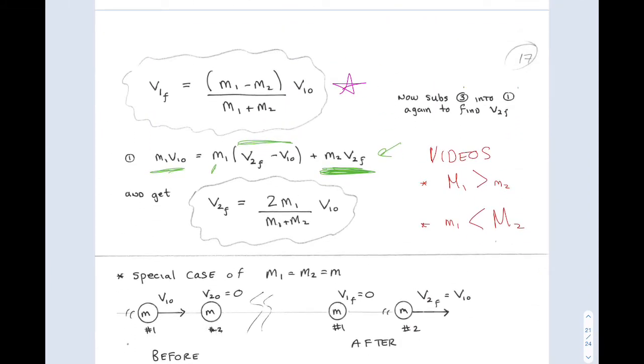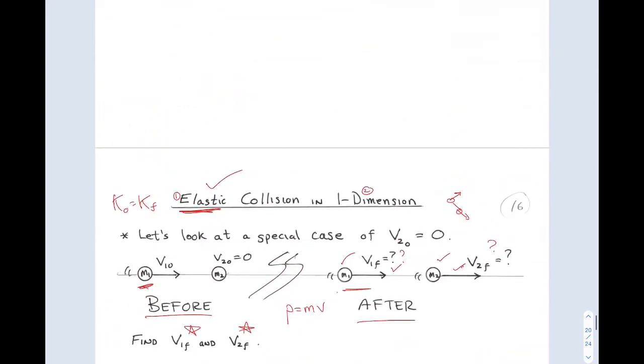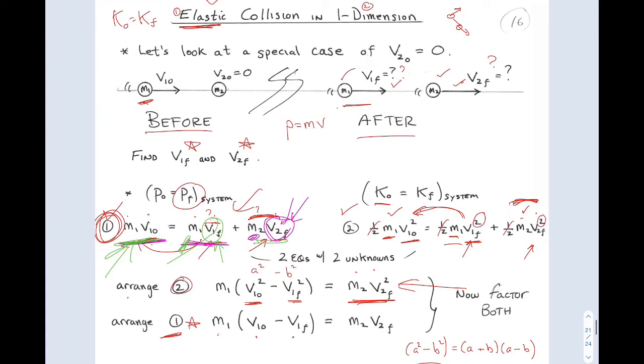Now, if you notice, these 2 aren't on the equation sheet, because everything on the equation sheet is a fundamental expression. These are for a special case. Remember what the special cases were. It's elastic, so if they stick together, this wouldn't work. It's elastic, it's one dimension, and this whole thing was derived with number 2 at rest.